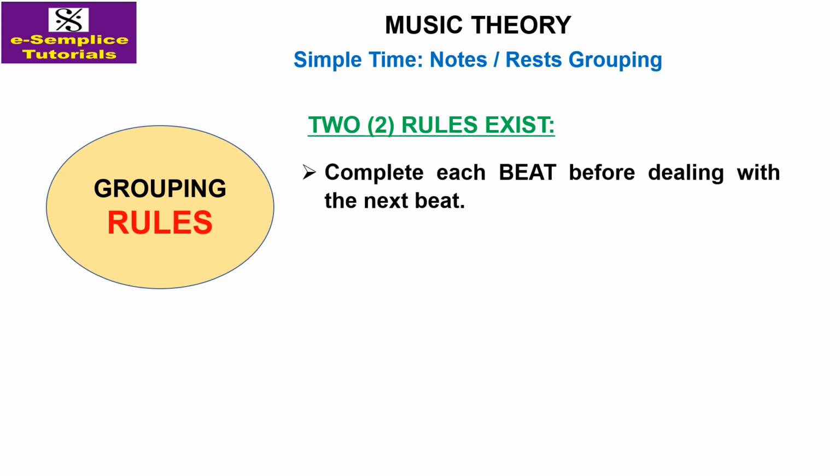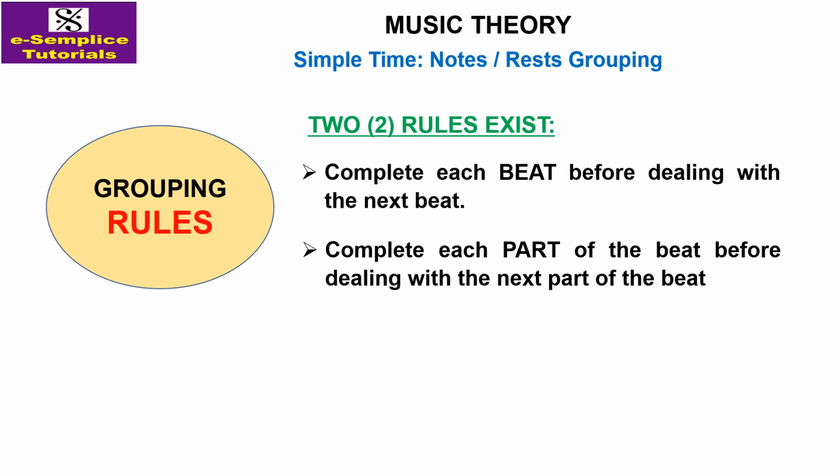Complete each beat before dealing with the next beat. You'll soon see this in practice. The second rule, complete each part of the beat before dealing with the next part of the beat.